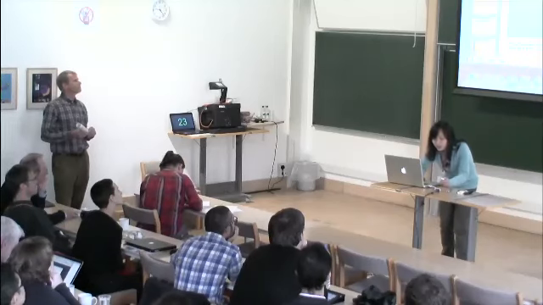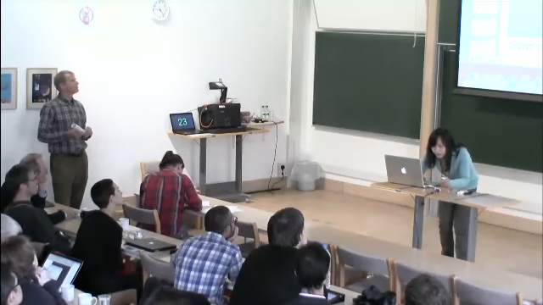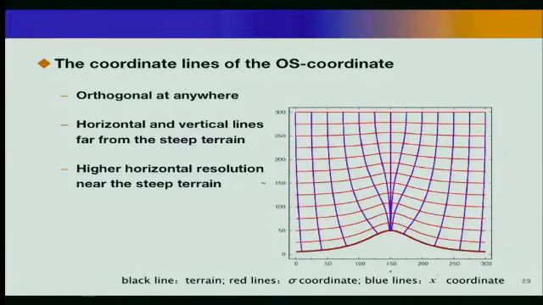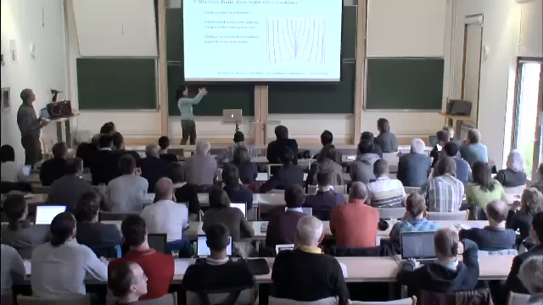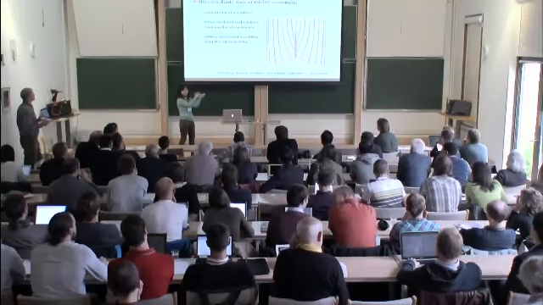Let me skip this because of the limited time. Here, the red line is the sigma levels, and the blue line is the new x coordinate line. So here is the computational space, but we view it in the physical space.